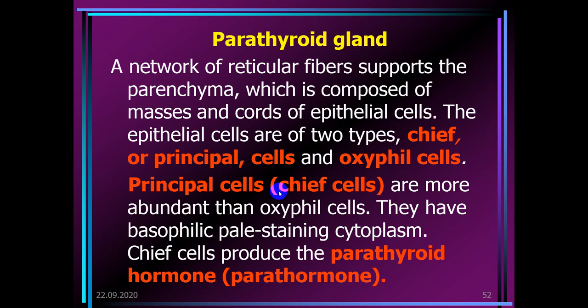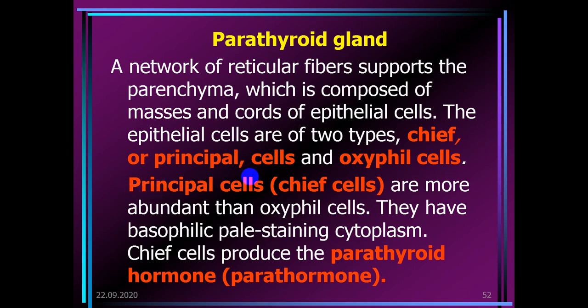In the epithelial sheets of the parathyroid gland, three types of cells are present. First of all, chief cells or principal cells. The second class is oxyphilic cells. And today we know that there may also be intermediate cells.